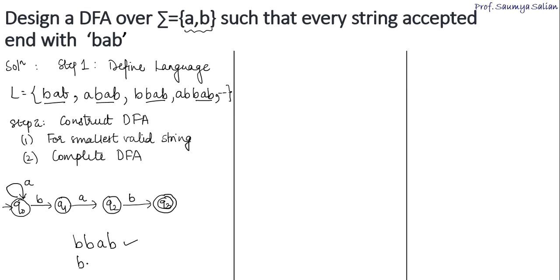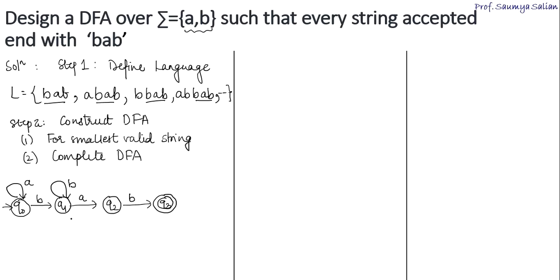So even if I have multiple B's in between, I know to reach the final state I have these transitions A and B. So can I put up the self loop of input B on Q1? Yes. So here, even if I have multiple B's, I know I am ending, I have the other two transitions, that is transition A and transition B, right?